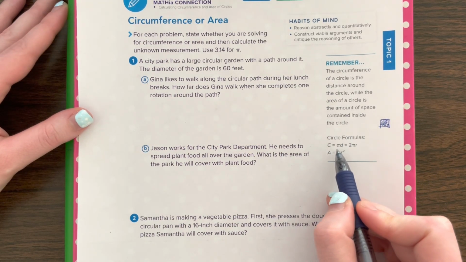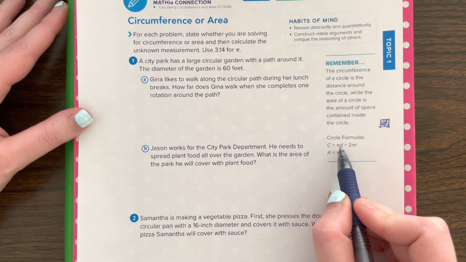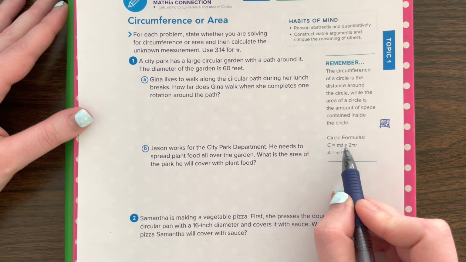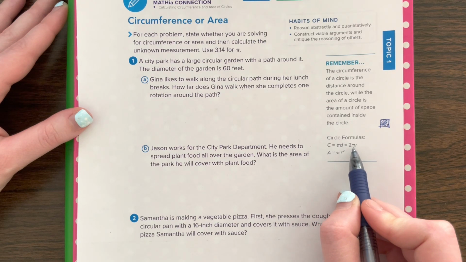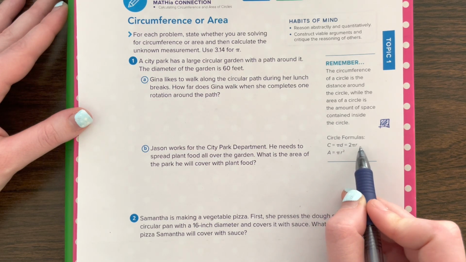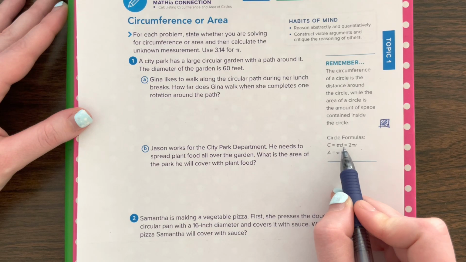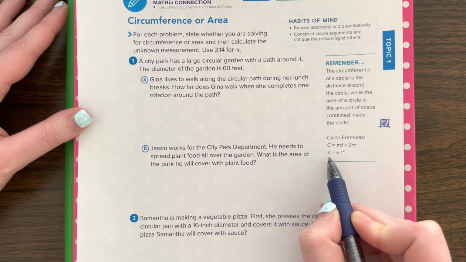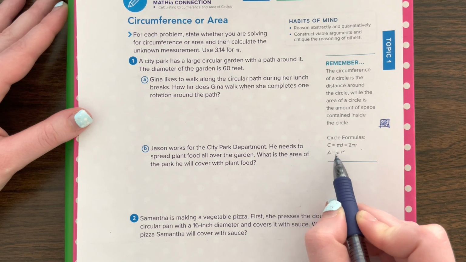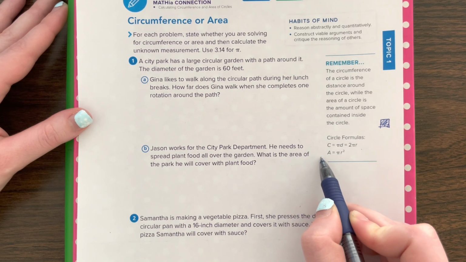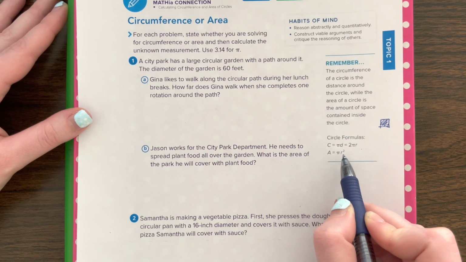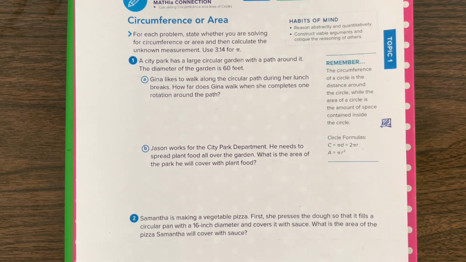And then we have our formulas here. We have the circumference equals pi d. Remember, the cherry pie is delicious. Or we can do it as 2 pi r because two radii form the diameter. Or we have our area one. So remember, area is equal to pi r squared. Or you can think about apple pies are 2 for our area formula.